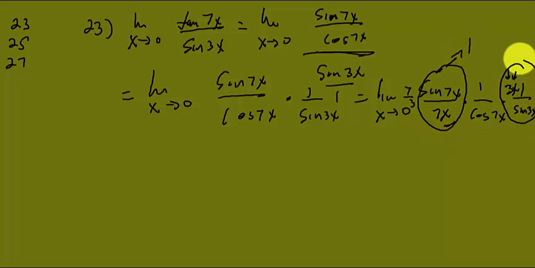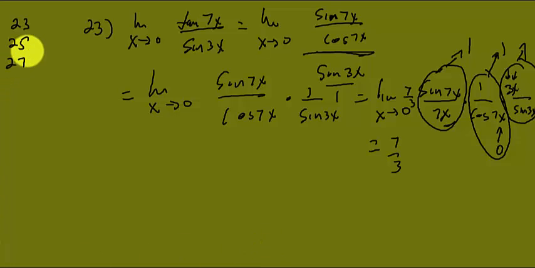This is going to go to 1, because I have 3x over sine of 3x. Now I can actually plug in the 0 for x there. That means 1 over cosine 0 is 1, so that's going to go to 1, so the whole thing is going to go to 7 over 3.